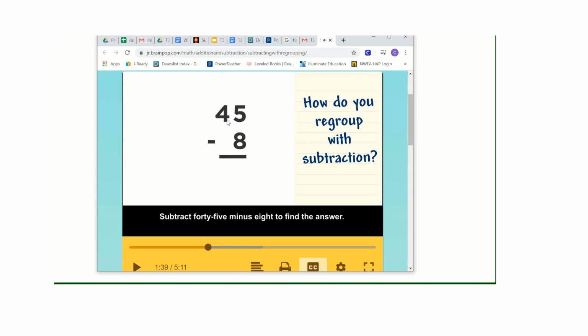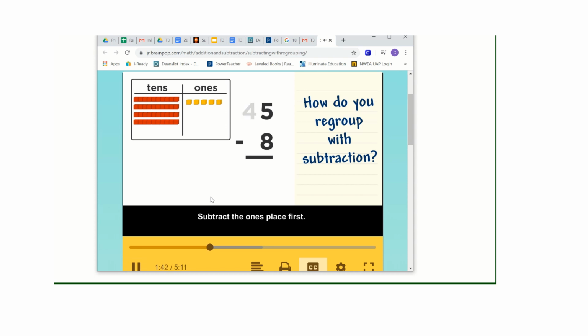This is the same thing. 45 minus 8. Remember, when you're subtracting or when you're adding, you always look at the ones place first. Let's see what Annie does. We know that 5 is a smaller number than 8, so we cannot take away 8 from 5.